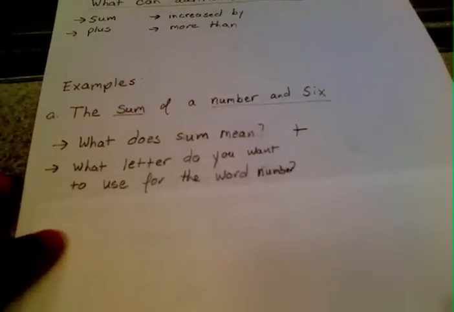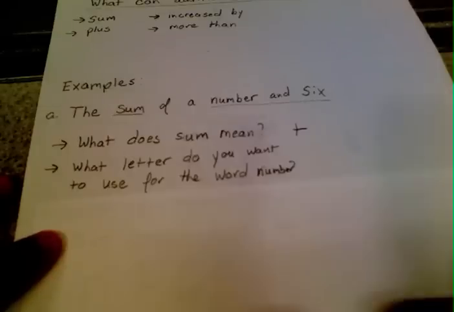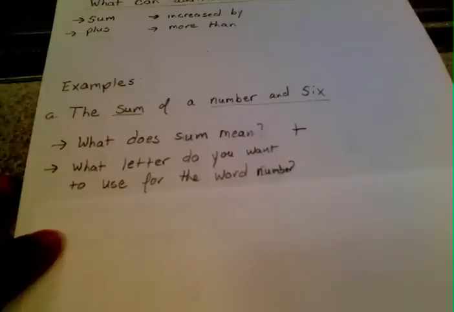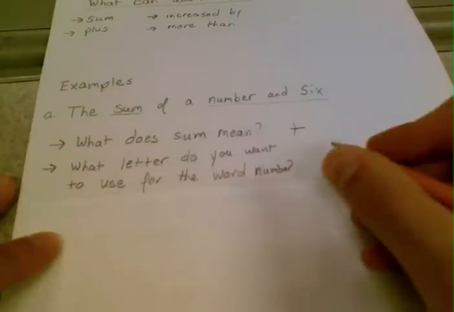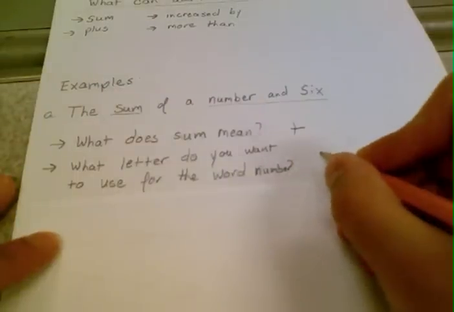My next question is this. Tell your shoulder partner, what letter do you want to use for the word number? Because it says a number and 6. Go ahead and talk to your partner about what letter you want to use for the word number. The letter that I'm going to use for the word number is the letter N, okay?